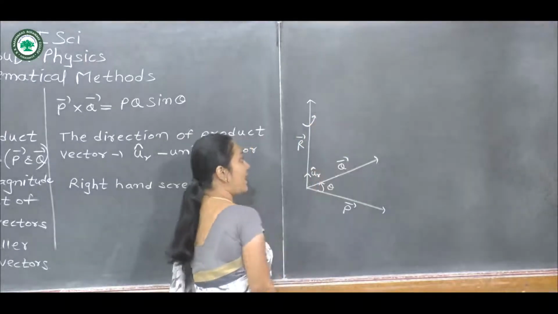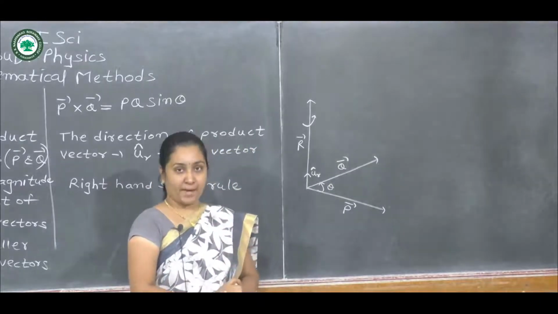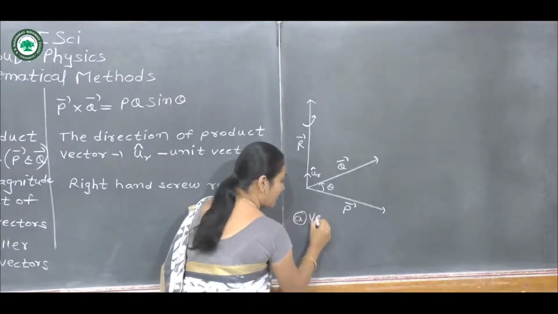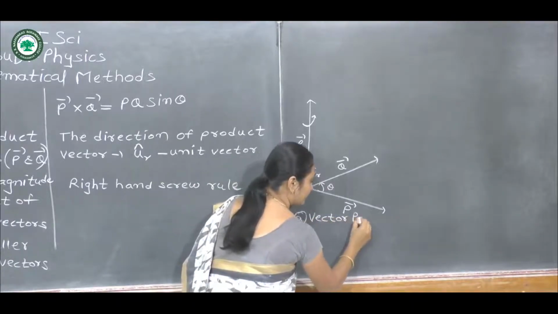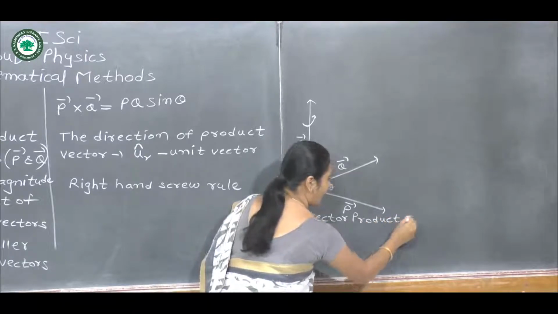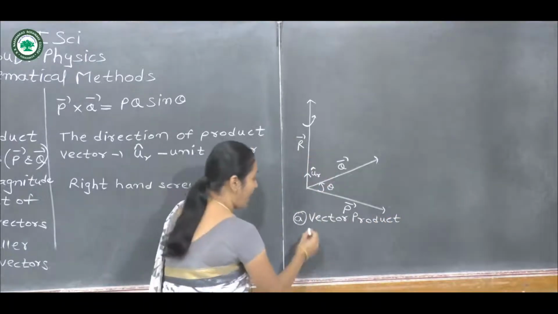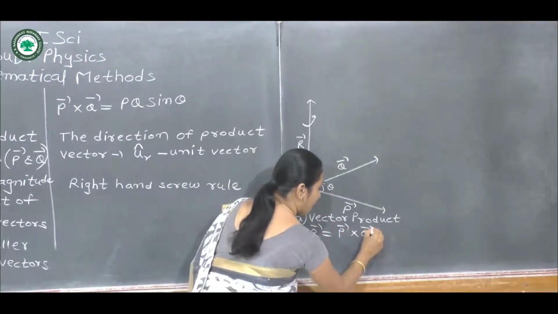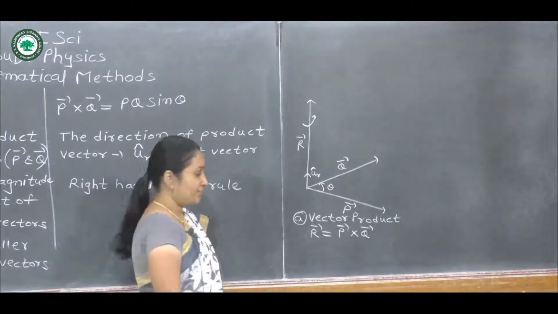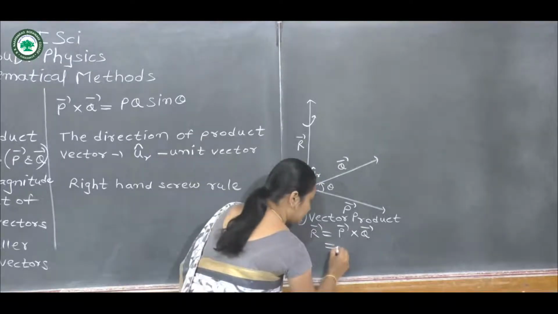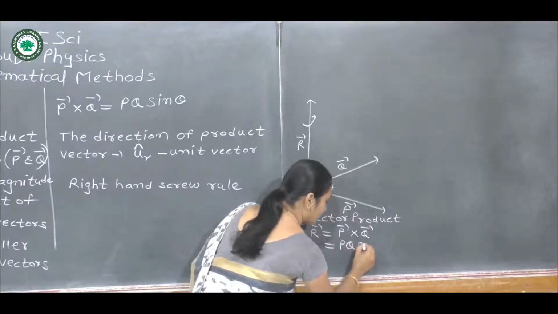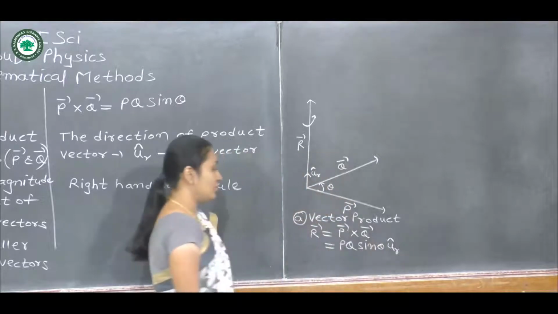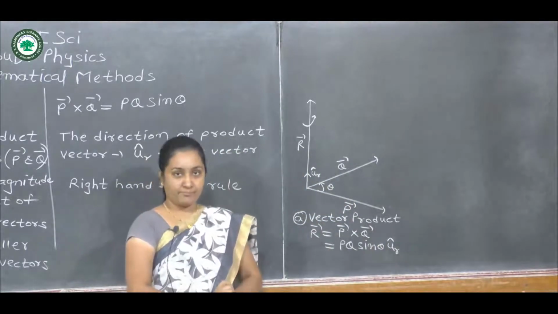This is the first figure in which the vector product r bar is given as p bar cross q bar, which is equal to pq sin theta UR cap.